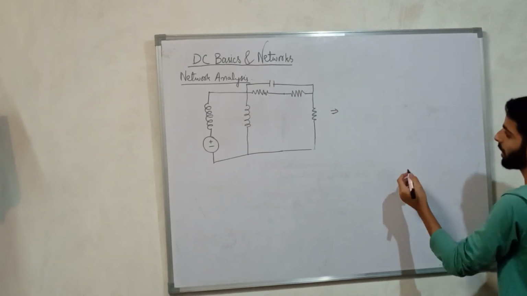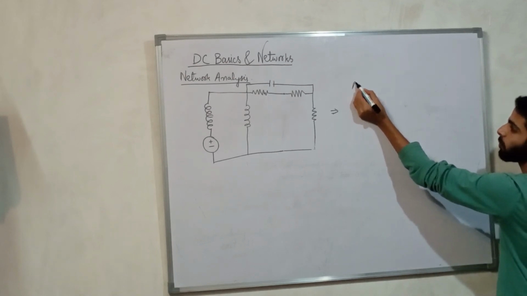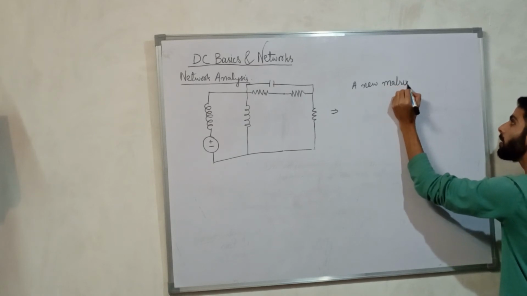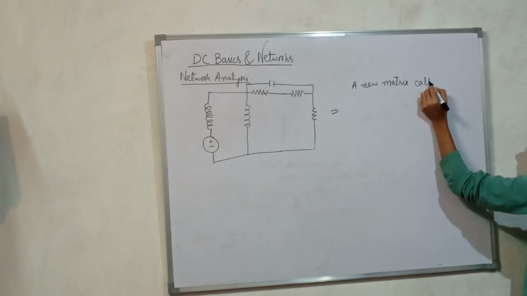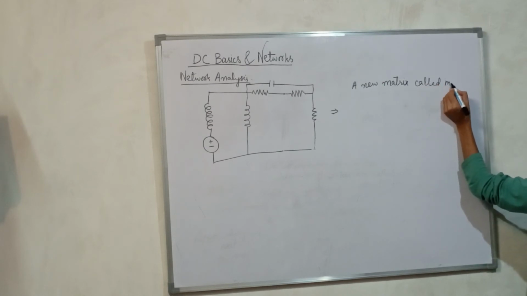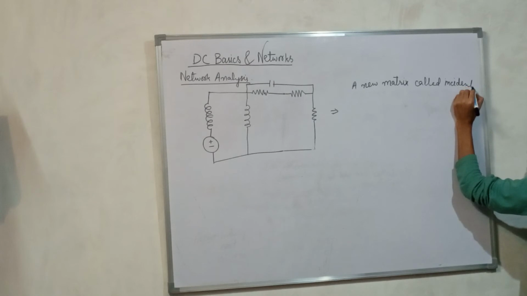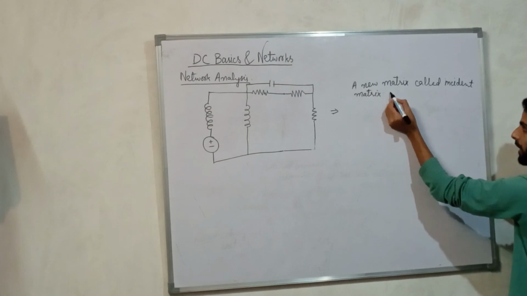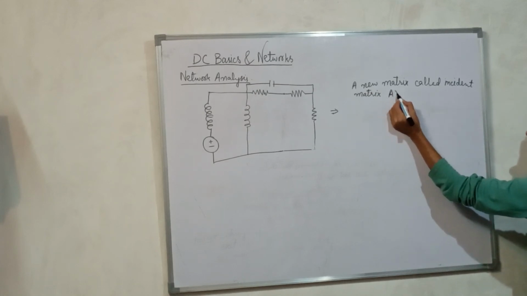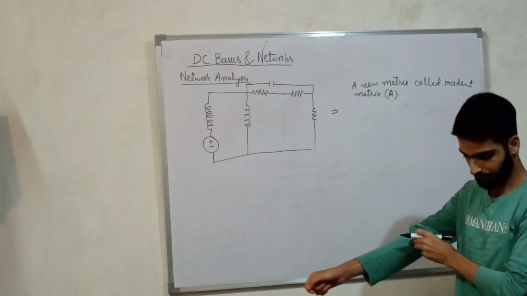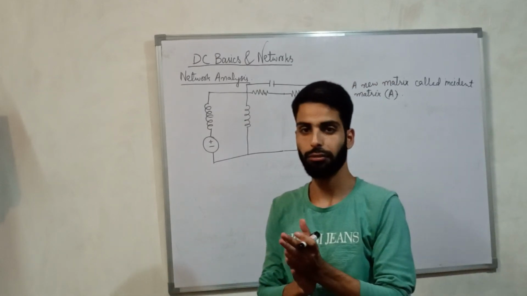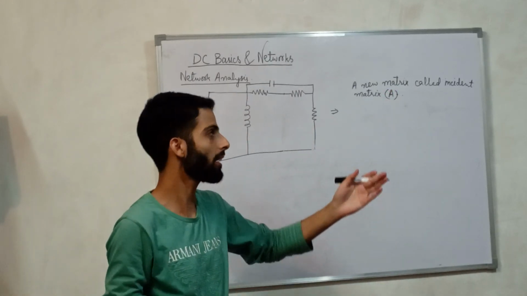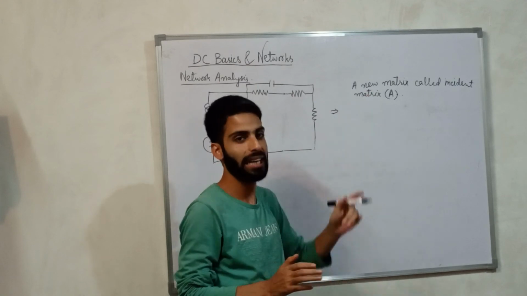What we shall be doing is forming a new matrix called incident matrix A. Recall that previously we had a matrix with the mark AC, but here this matrix is with the mark A only.